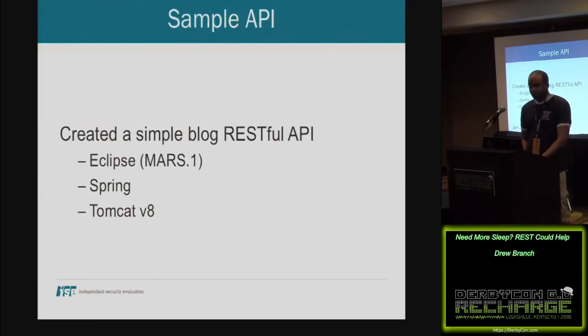For this talk, I created a sample API, a blog API. I use Eclipse with Maven. Maven is great. It pretty much downloads and packages all of the dependencies for the project. I use Spring, which is a RESTful web service API, to secure my endpoints, and Tomcat to host it.